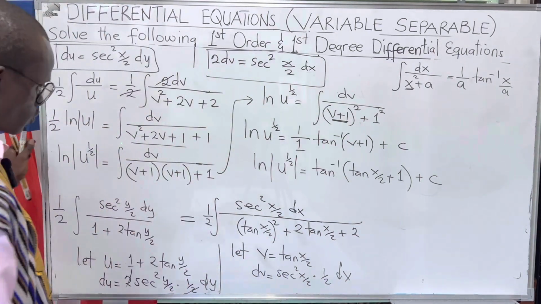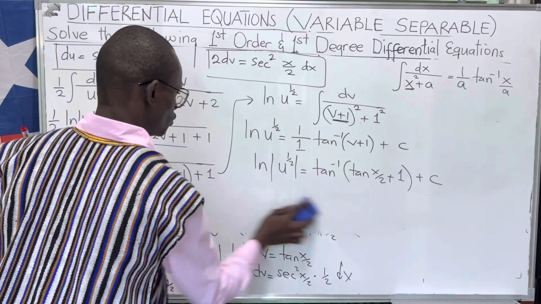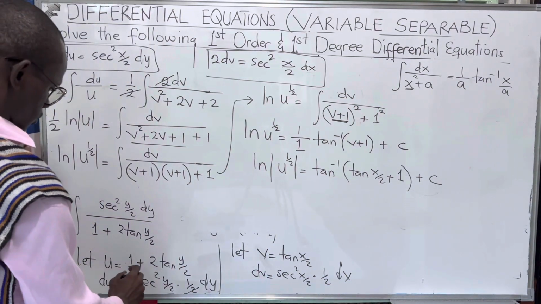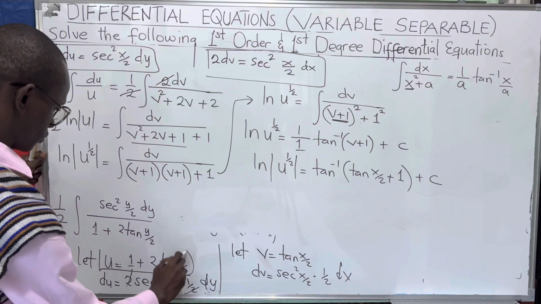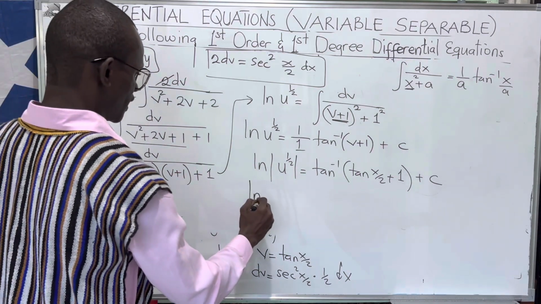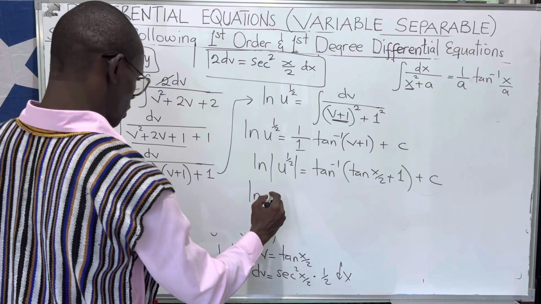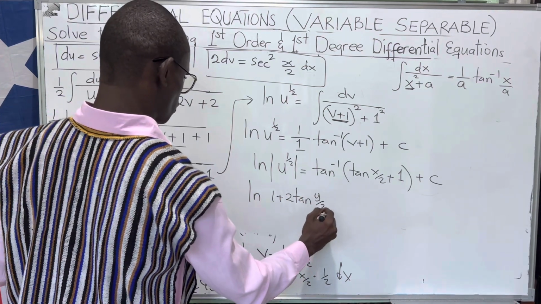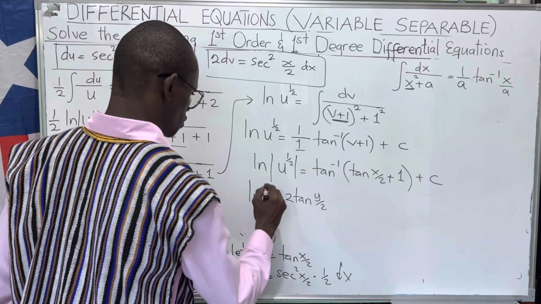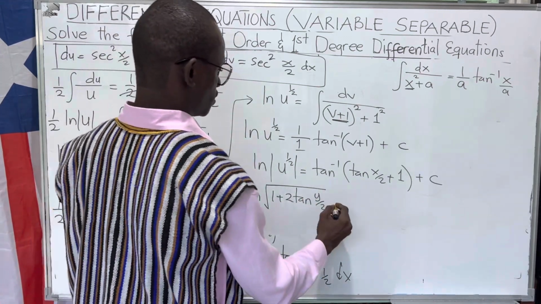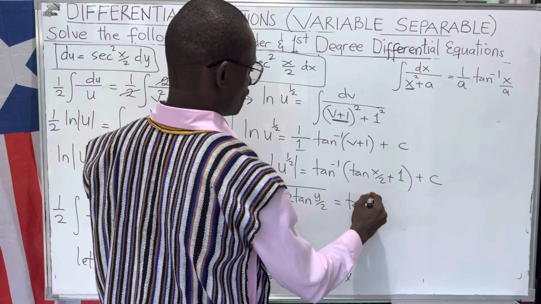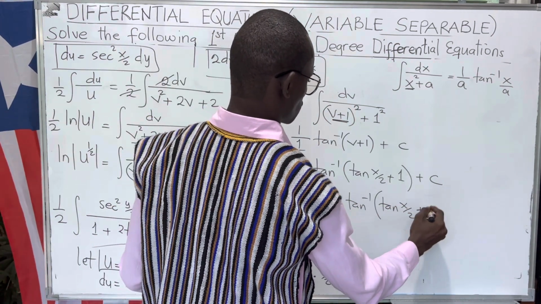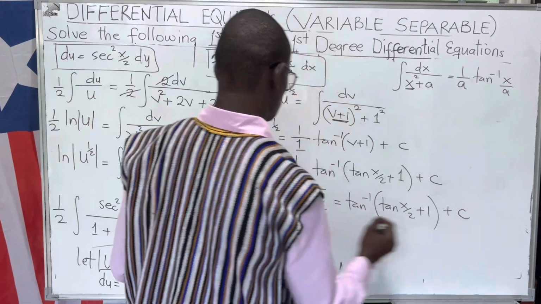Lastly, what was u? u was just equal to 1 plus 2 tangent y over 2. So we have the ln of the square root of it, equals tangent inverse of tangent of x over 2 plus 1, plus some arbitrary constant c.